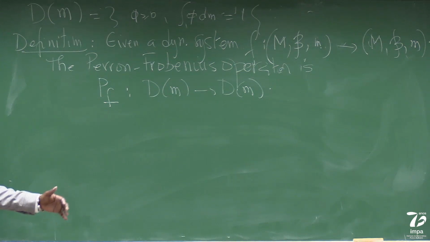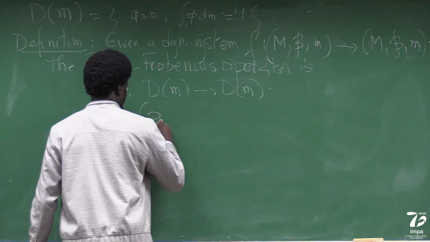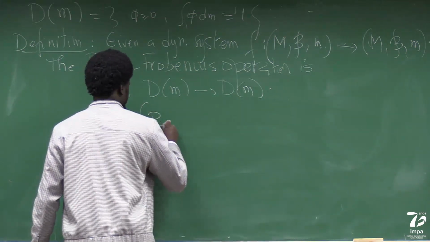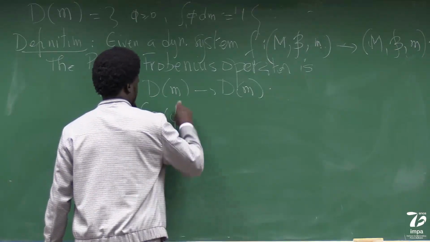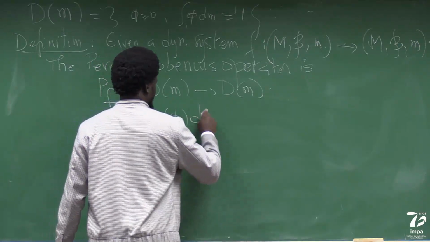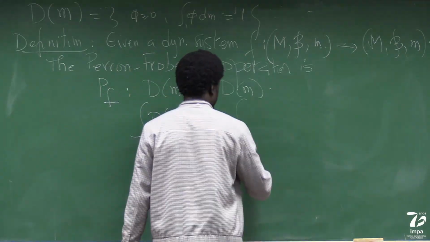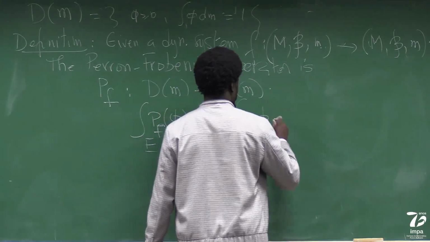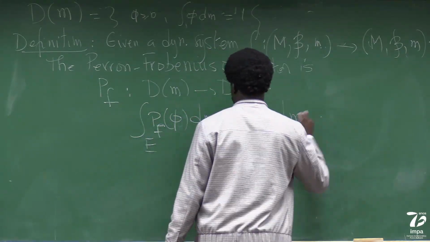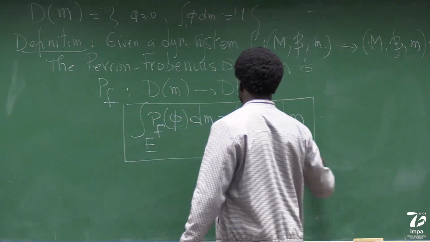It is not defined explicitly. It is defined with this equation, such that the integral of PF φ dm along E equals the integral over f⁻¹(E) of φ dm. So this is the equation that defines this operator.